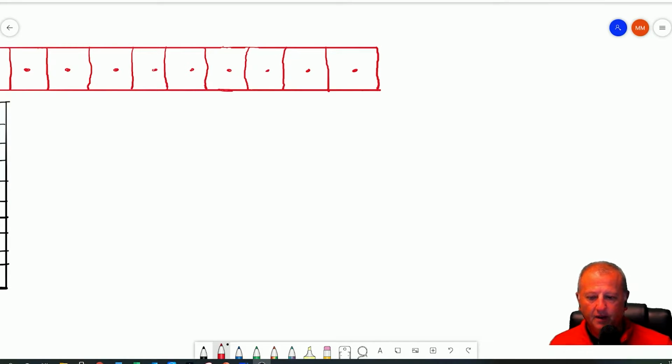Let me start with drawing out our pathogen. Okay, there's our pathogen. Here's our antigen. And they usually present like this. Okay, so there are two requirements for the inflammatory system to be activated.